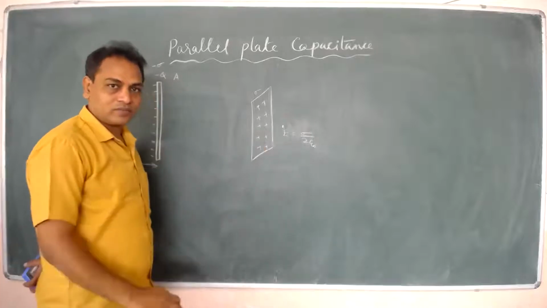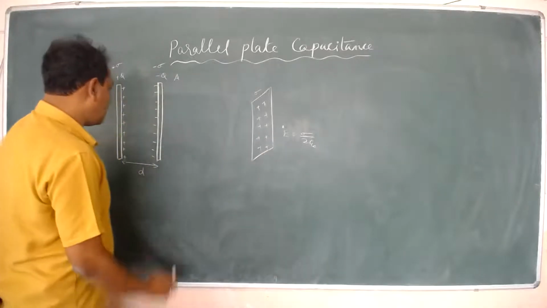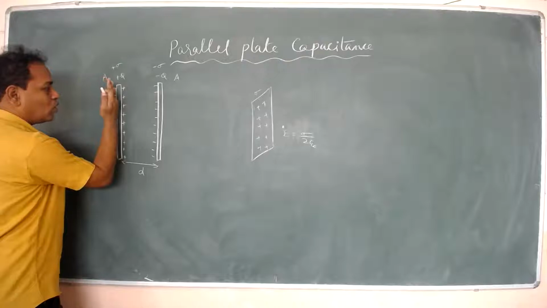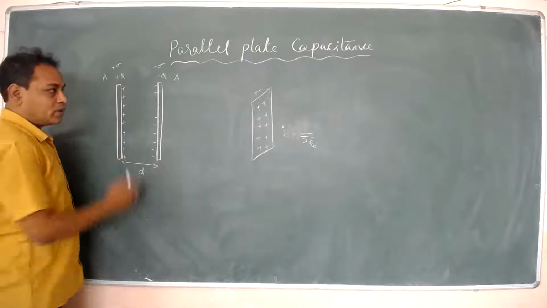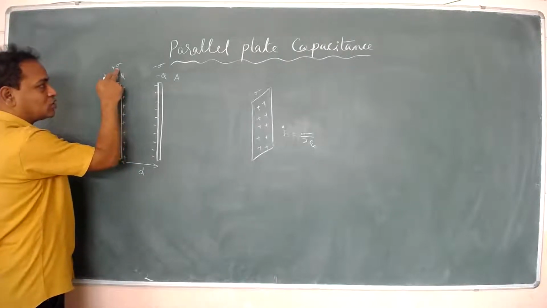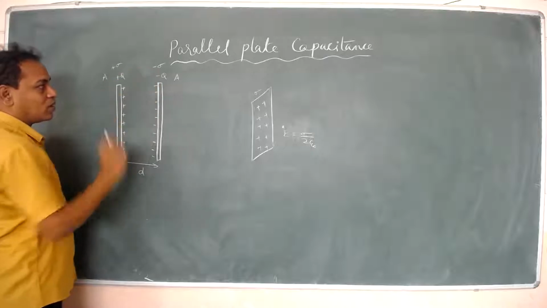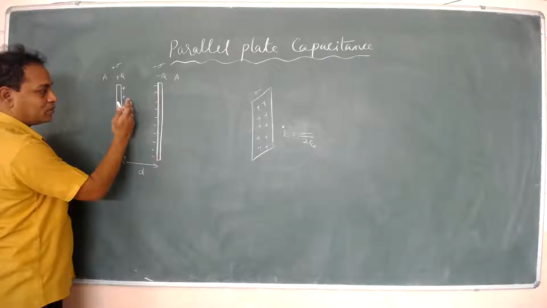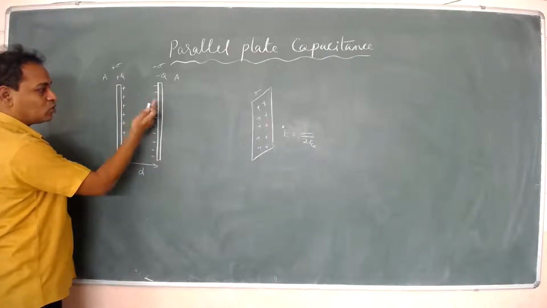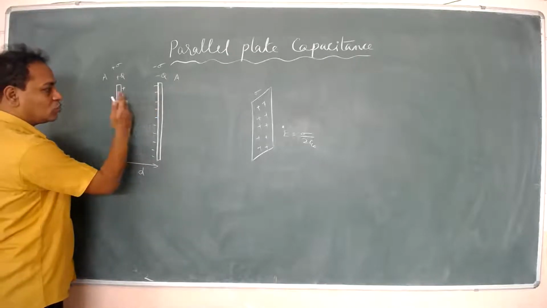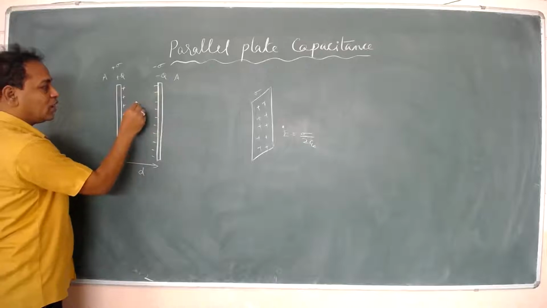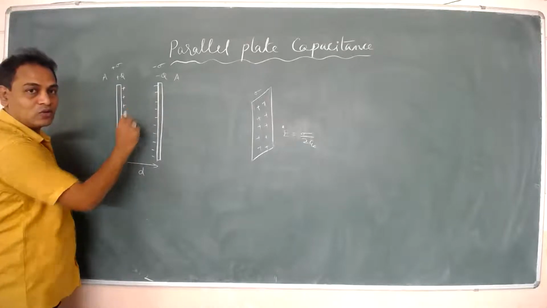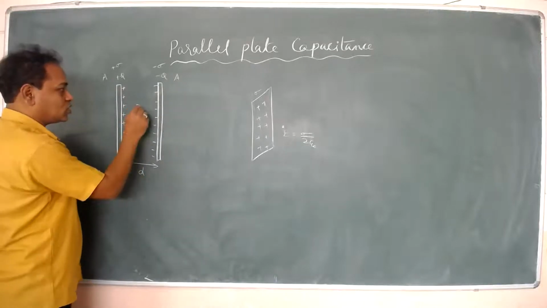This we have calculated. Here, the same as this one, it will also have a charge density, that is plus sigma. For this it is minus sigma. So what is the electric field between these two plates? At this point we have to consider a unit positive test charge.